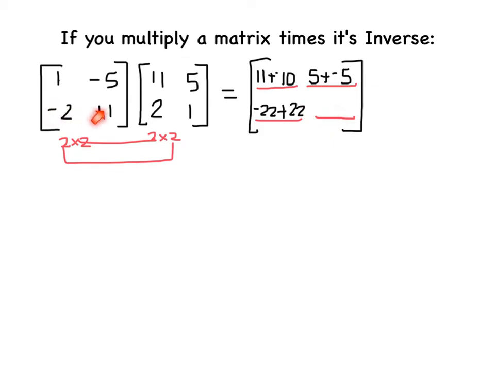So I'm going to multiply the second row by the second column to get this position. -2 times 5 gives me a -10. And 11 times 1 gives me 11. If I go ahead and add those, 11 plus -10, 5 plus -5, -22 plus 22, and -10 plus 11. So I have just verified that this and this are inverses of each other.